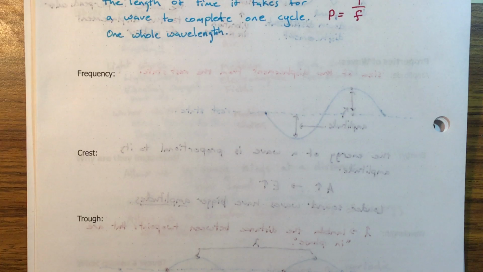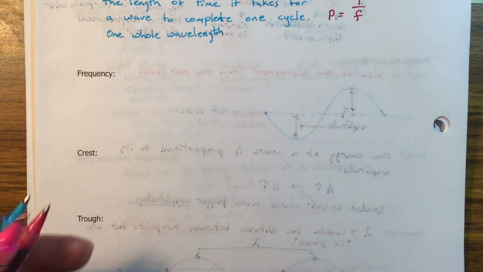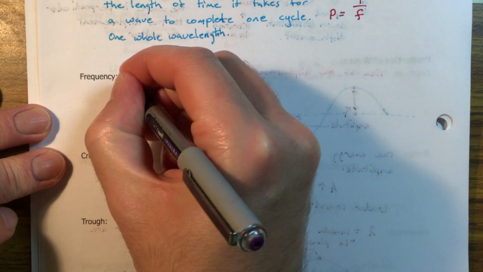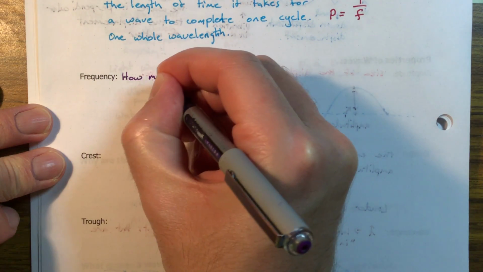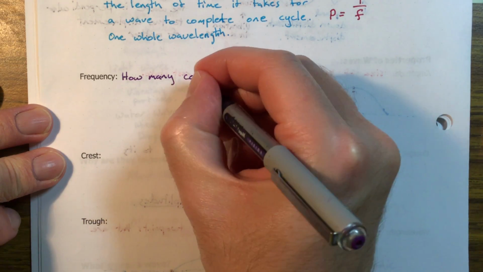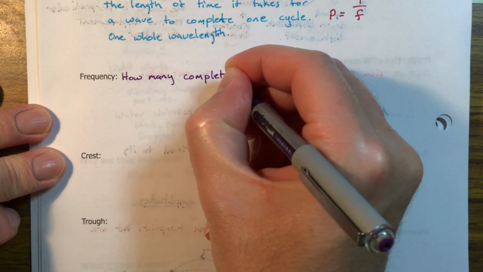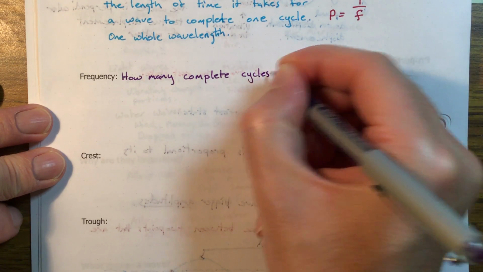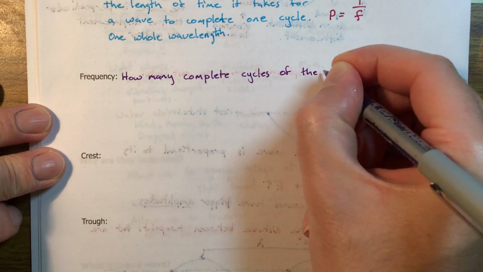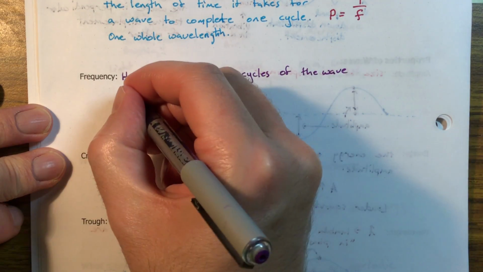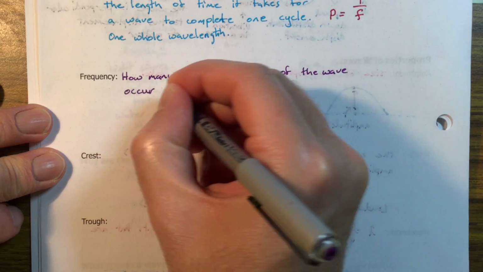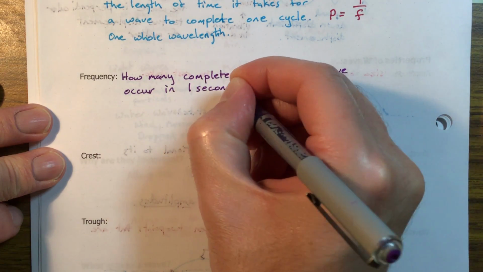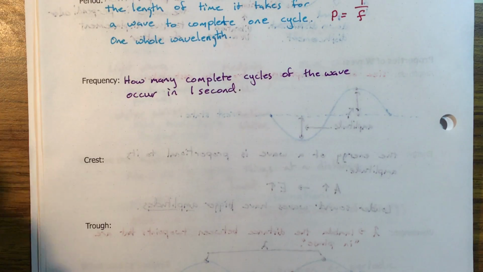Right, the frequency of a wave. The frequency of a wave is how many complete cycles of the wave occur in 1 second. So how many complete cycles of the wave?